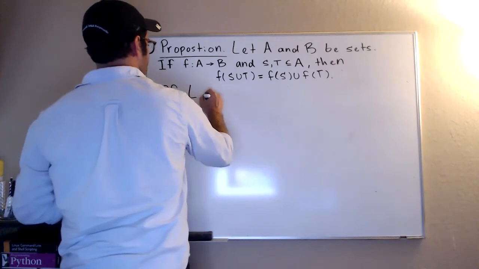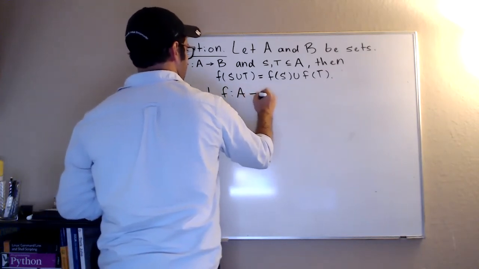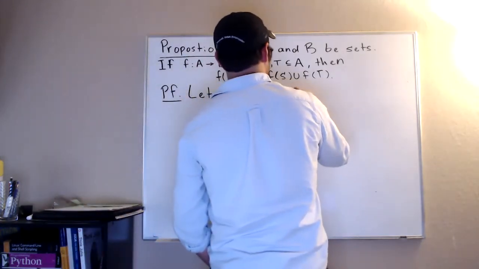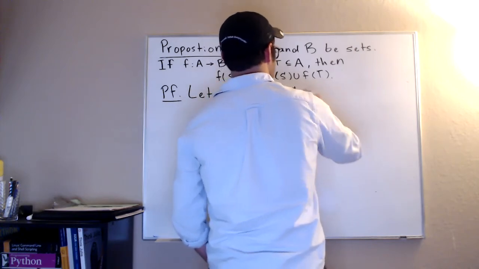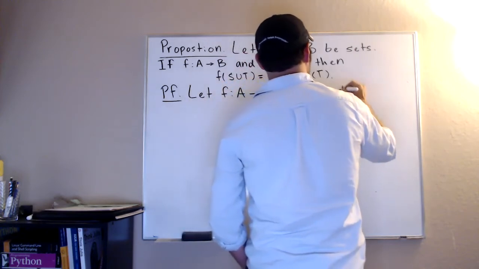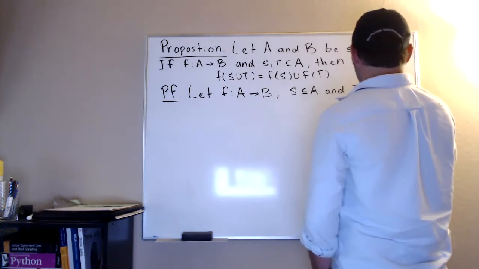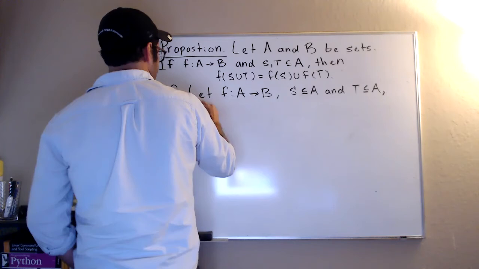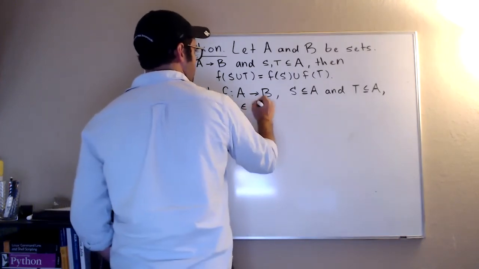So let f from A to B, and then S and T, so S be a subset of A and T be a subset of A. And choose Y in the image of the union.